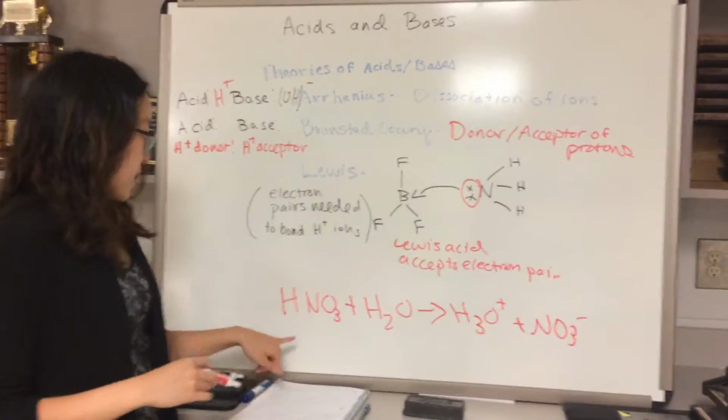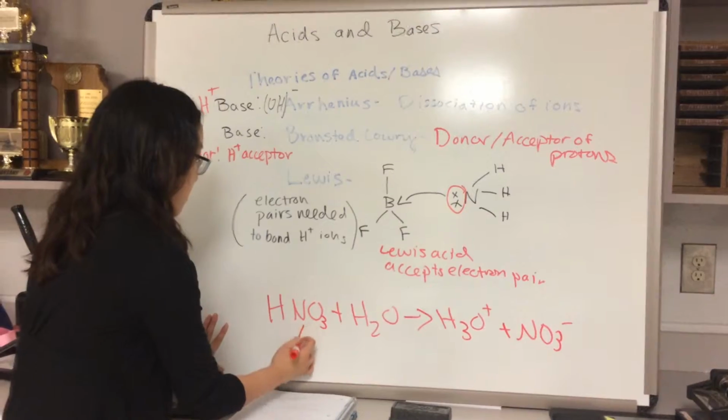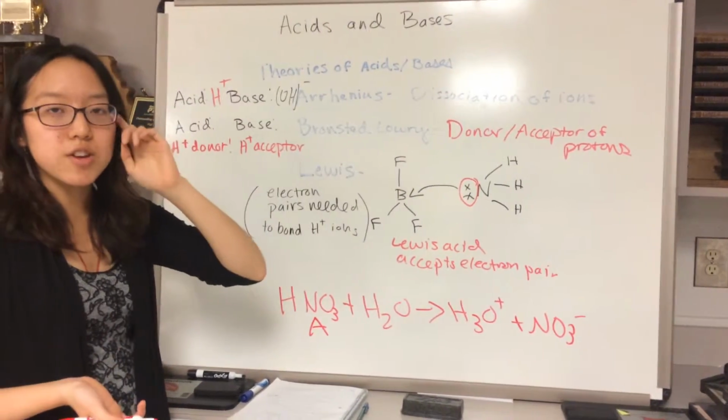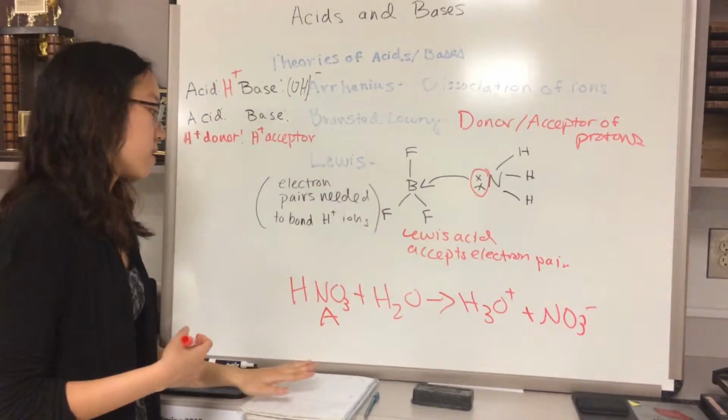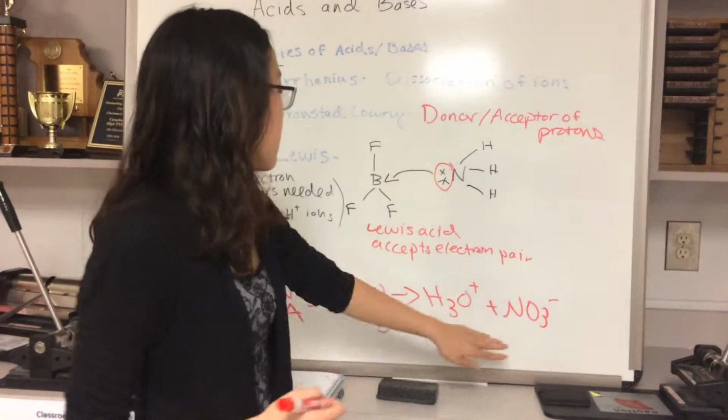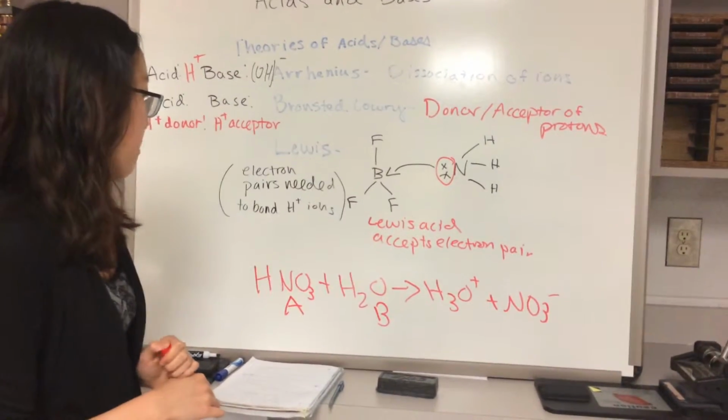As we look, we can see this is an acid, and this should be our base, but in a different reaction, we may not be sure because it's amphoteric. As a result, we want to determine which one is our conjugate acid and our conjugate base pair.